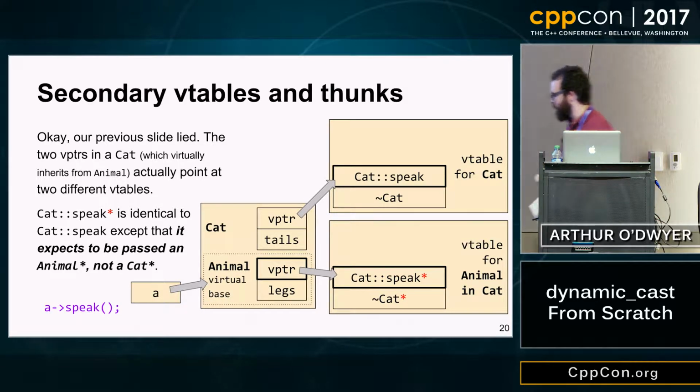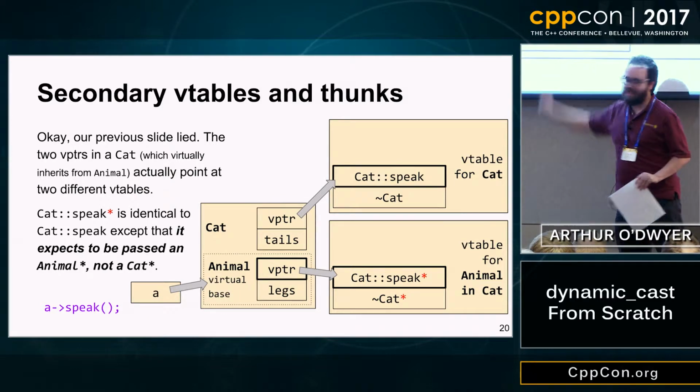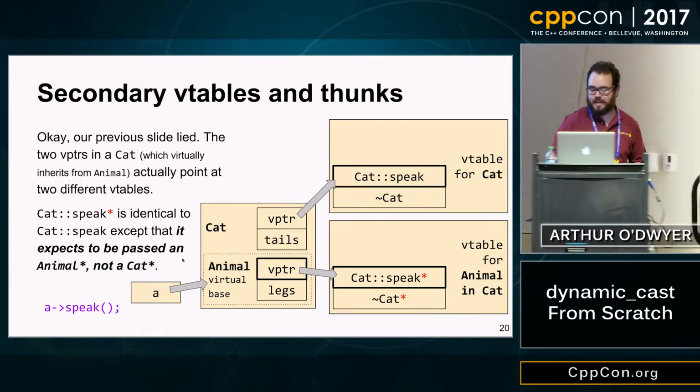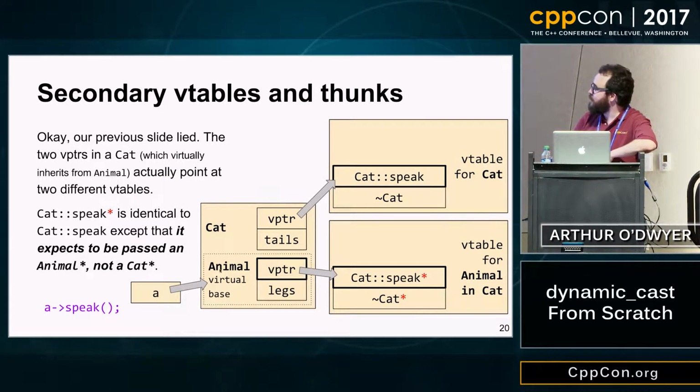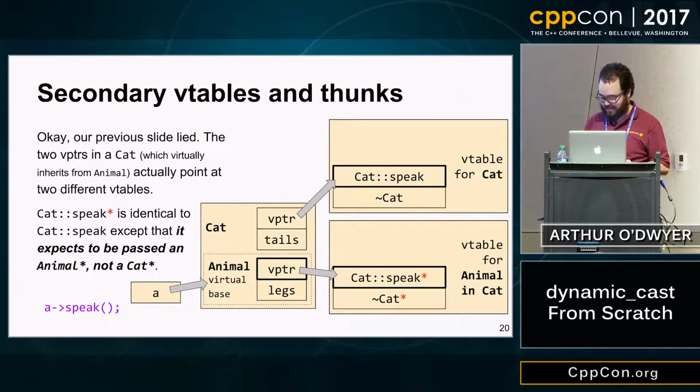If I have a pointer to this animal, that's 16 bytes offset from the actual pointer to the cat that cat speak wants. So when I call cat speak with a little asterisk next to it, I actually need to first subtract 16 from my this pointer before I can dispatch to cat speak. And this is called a thunk, because that's the noise it makes.